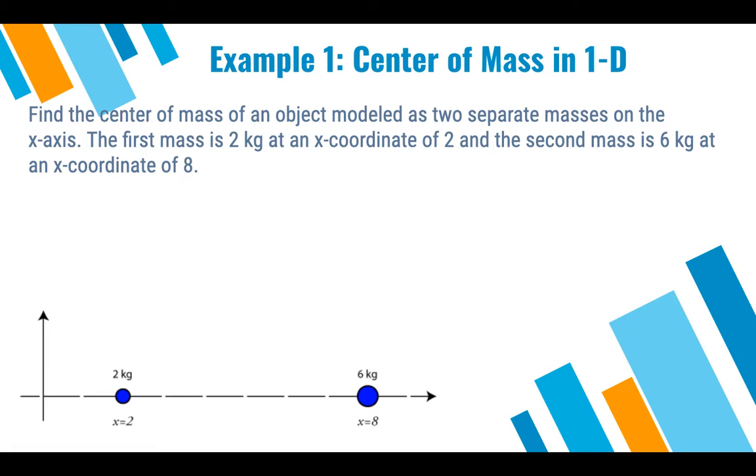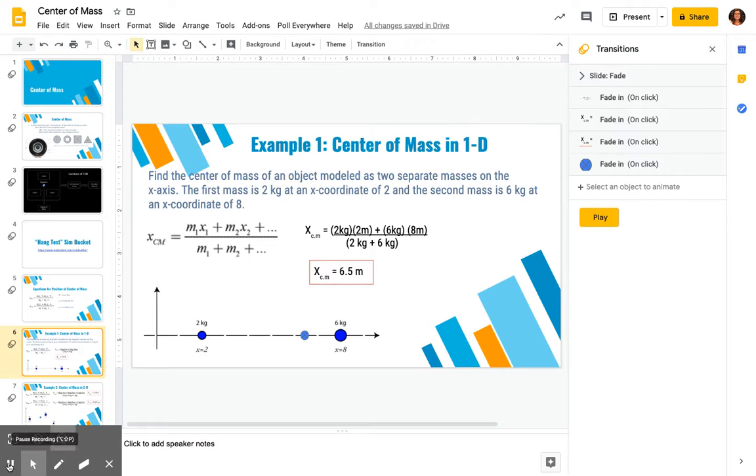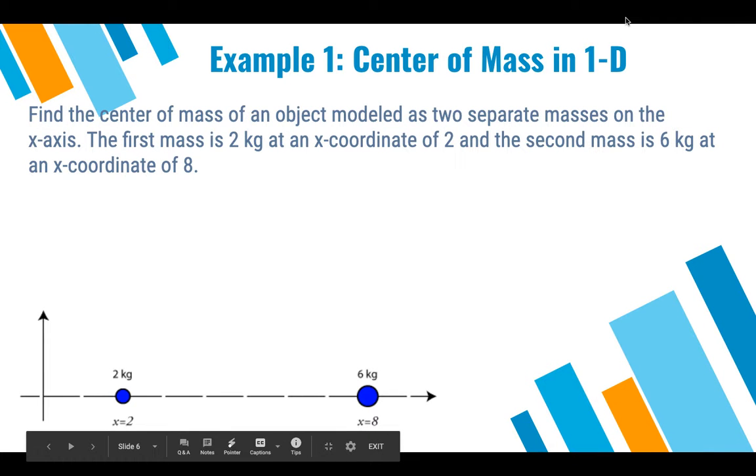Okay, example 1. So here we have a one-dimensional system. Sorry about that.